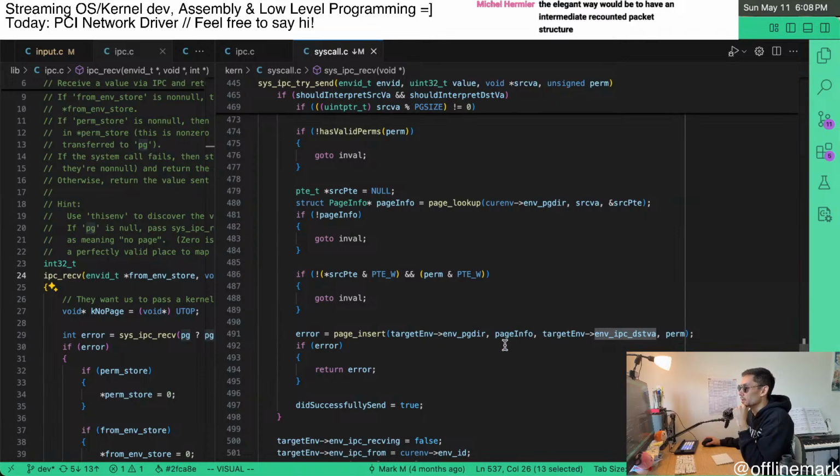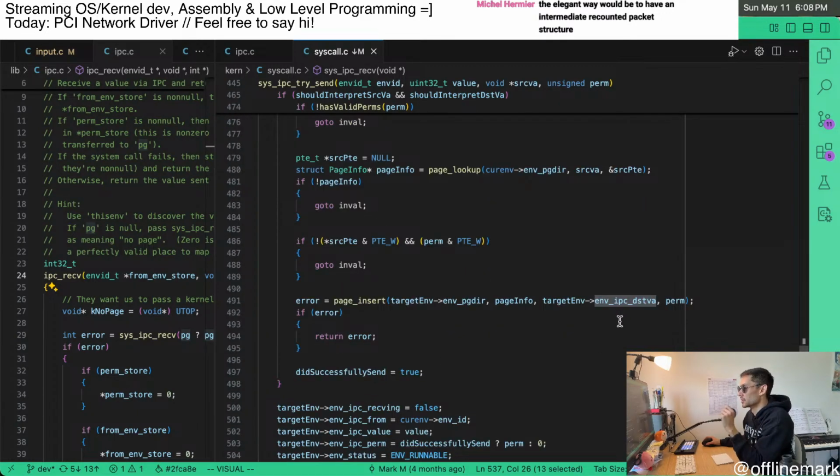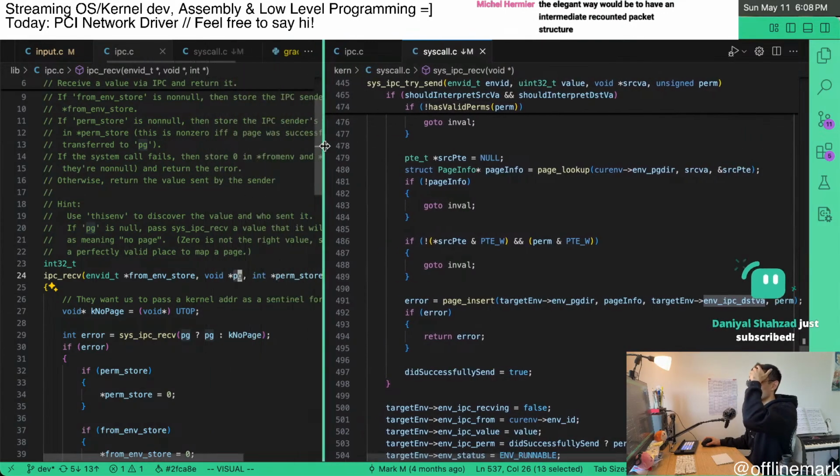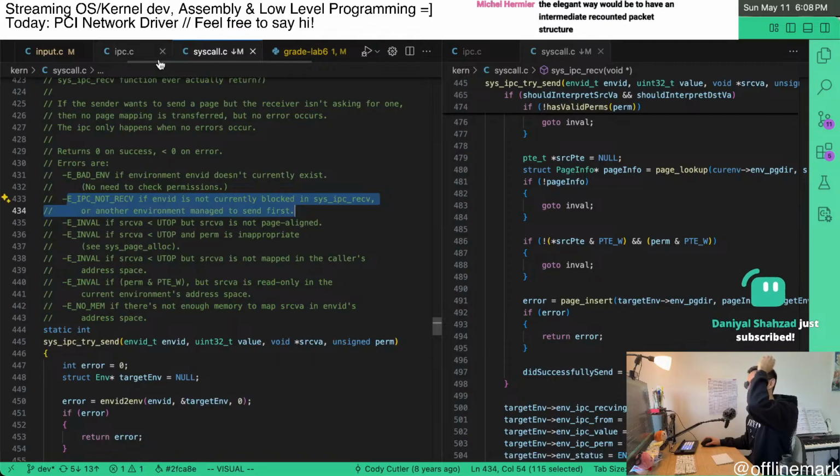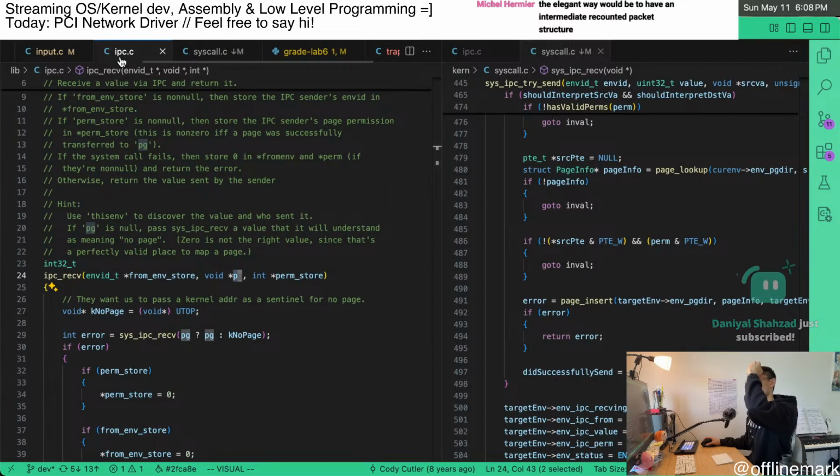We insert a page into their address space using the variable that they kind of registered with the kernel. Okay, so that was a brief refresh on how the IPC mechanism works.